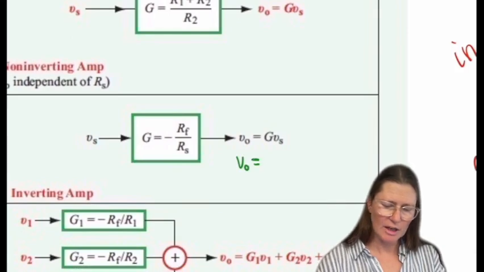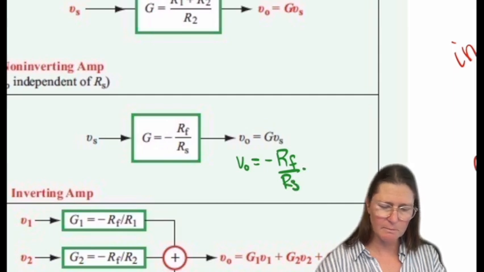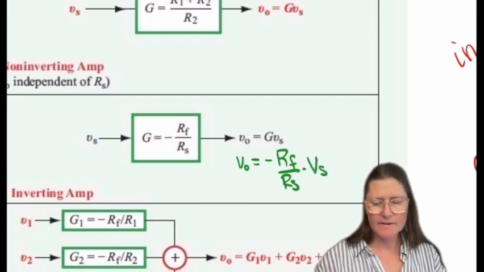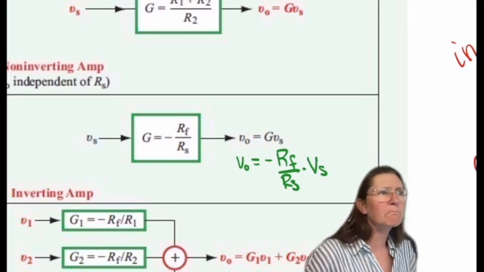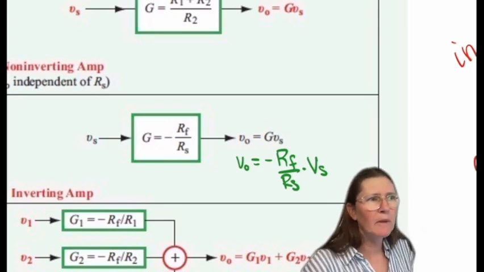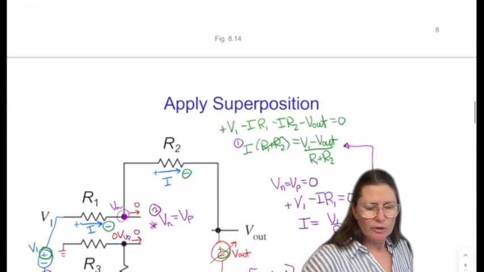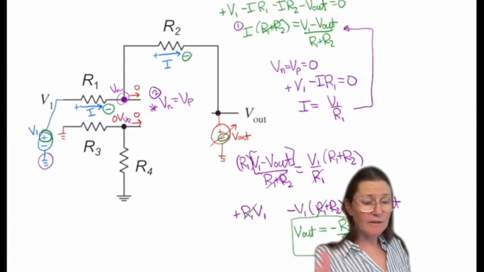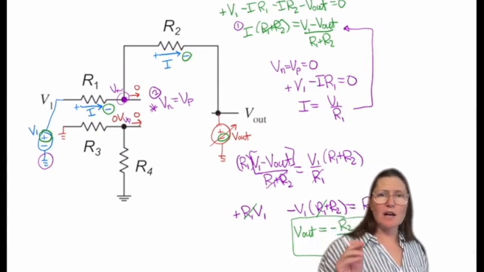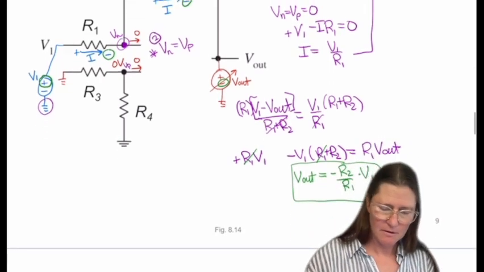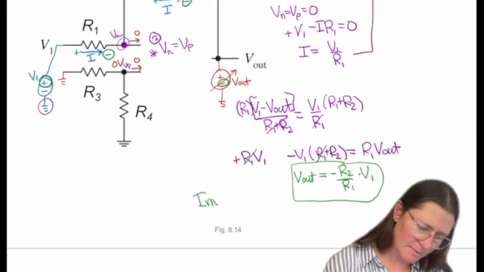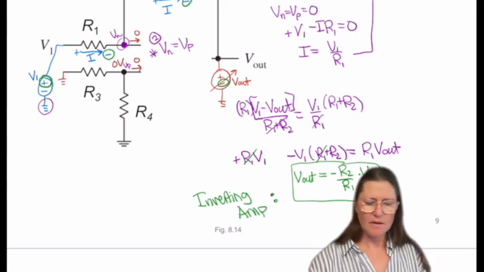So this is just writing it out in those terms, RF over RS times my input. In this case, it was VS. So it's the same, and that's where that equation comes from. So if I identify that when I ground that, I have an inverting amp, then that would be the equation.